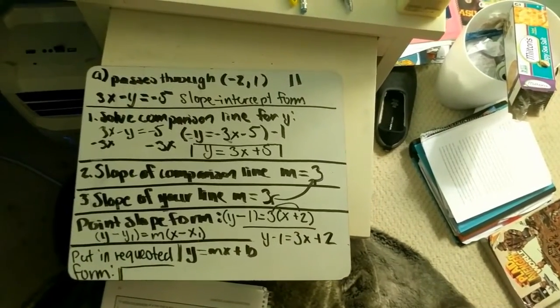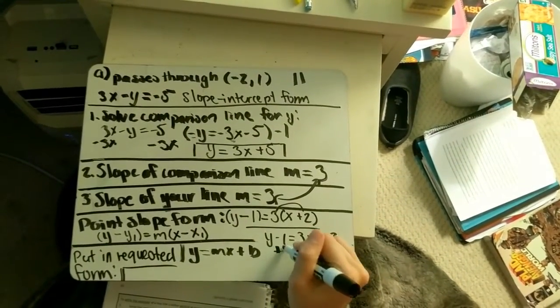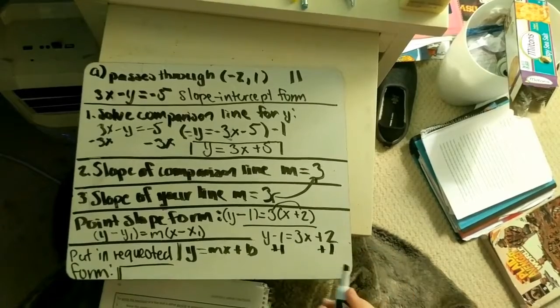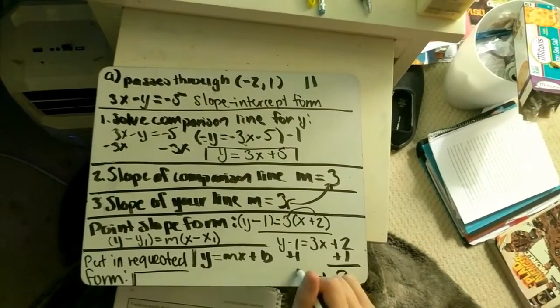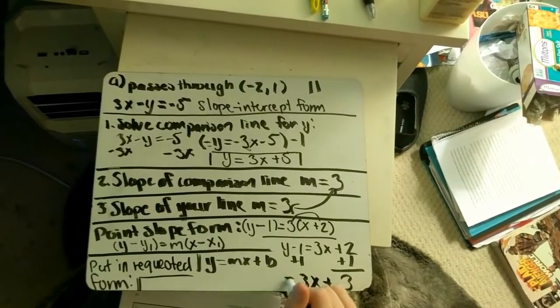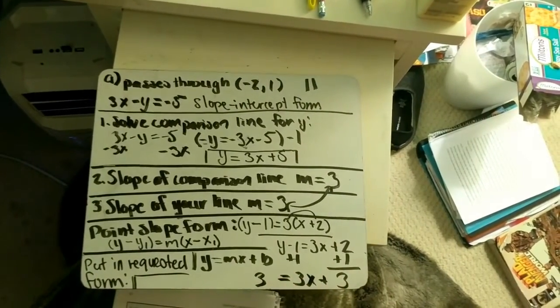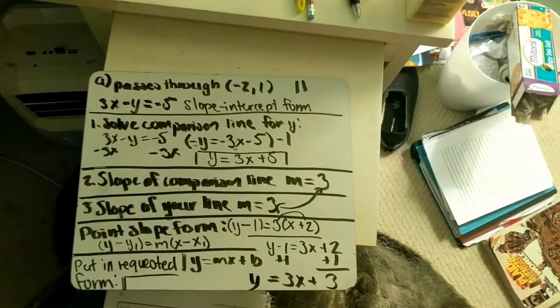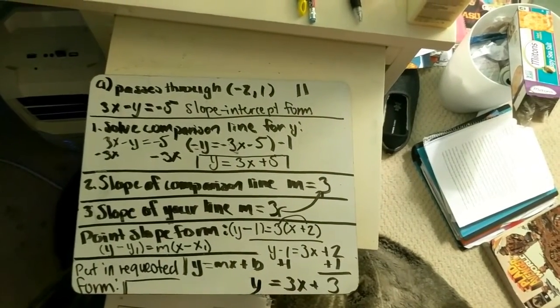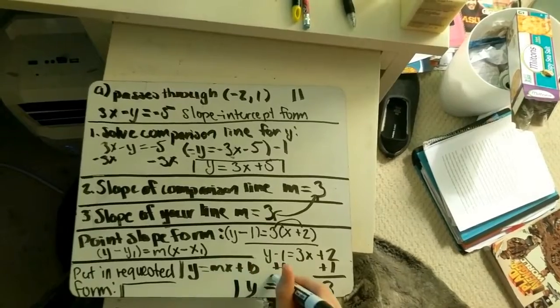Then we will add the 1 over to the 6, and that will get us y is equal to 3x plus 7. And that will be our final answer.